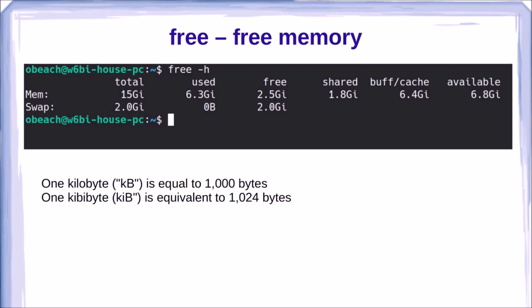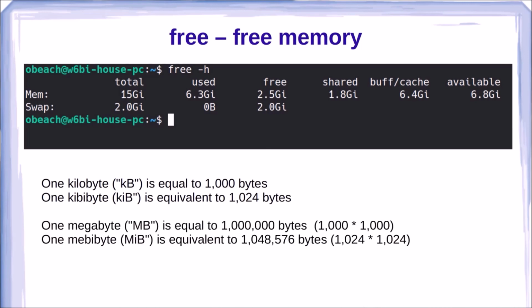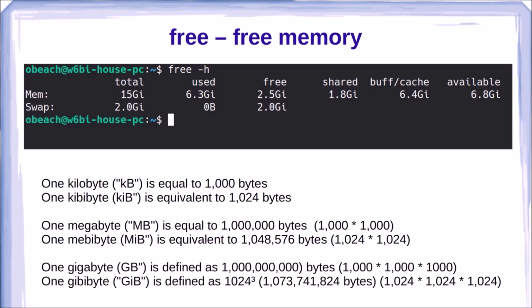You can see free -H is reporting amounts of memory in gigabytes, which is 1024 times 1024 times 1024, or about 1.073 billion bytes. I had to put this up there so you weren't confused if you happen to use free -H. Just thought that was interesting.